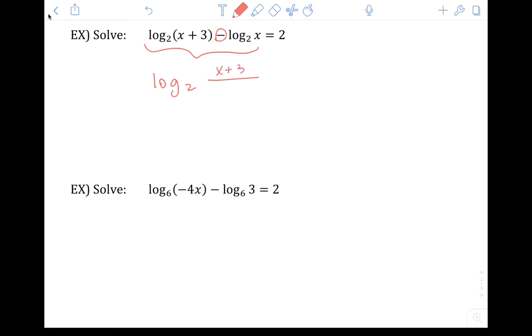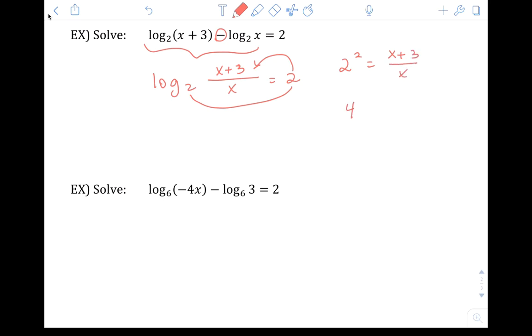So x plus 3 is on the top, x is on the bottom. Okay. We have one logarithm, that's option number 2. We're going to convert using loop swoop from log is bay to exponential is bia. 2 to the second equals x plus 3 over x.